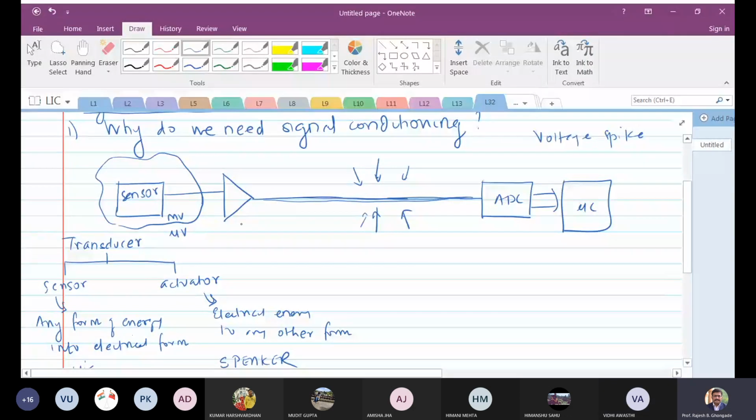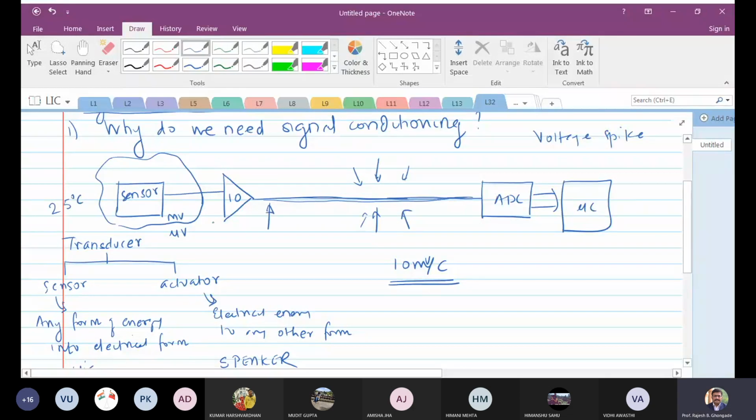Yes, sir. Now, say for example, my temperature sensor's conversion rate is 10 millivolts per degree Celsius. Even if I have an amplification factor of 10, if the temperature is 25 degrees Celsius, can you tell me what will be the output here?